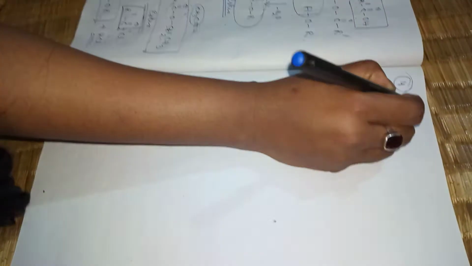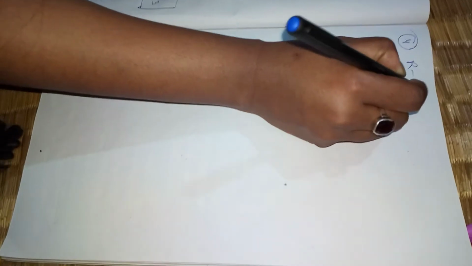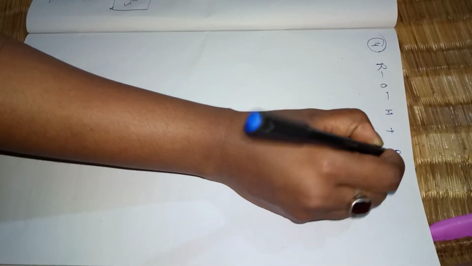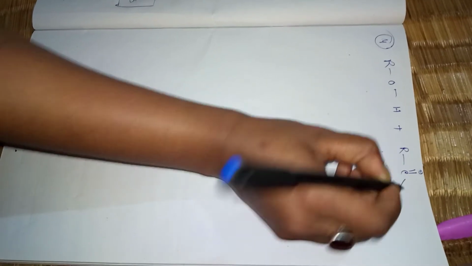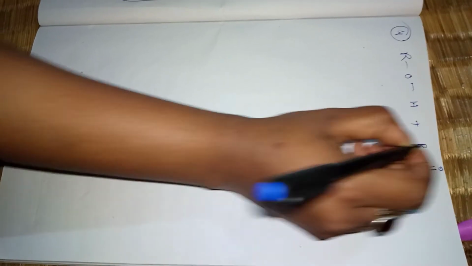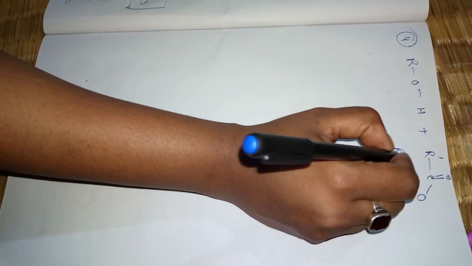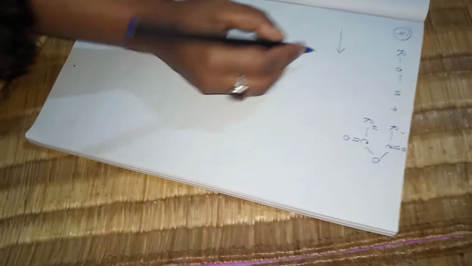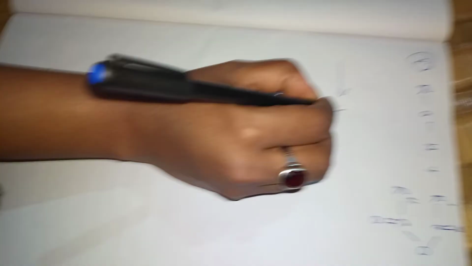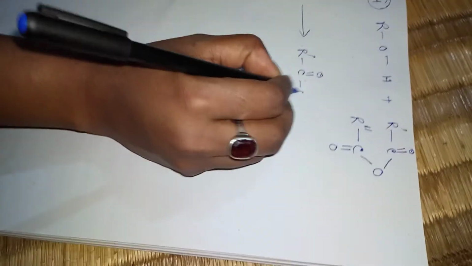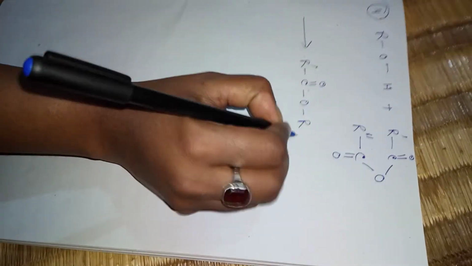If ROH is reacting with, suppose, RC double bond O, single bond O, single bond C, double bond O, single bond R, you can take this as R dash, R double dash. Then what will happen? The product obtained is first of all R dash C double bond O, single bond OR.